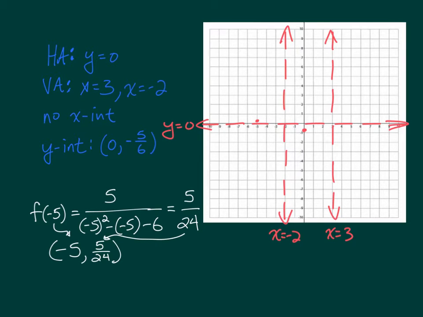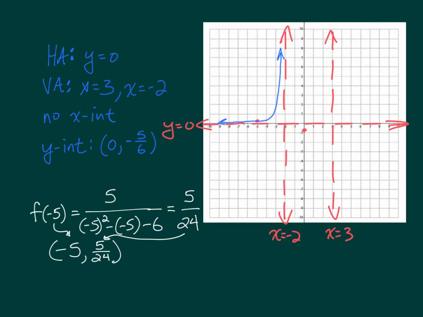And since that point is above the horizontal asymptote, then we know that the graph will exist above the horizontal asymptote. So I'm going to draw the graph in here in blue. That means the graph will get really close to the horizontal asymptote there, and then as we head right toward the vertical asymptote, it'll get higher and higher and higher. It stays above the horizontal asymptote.